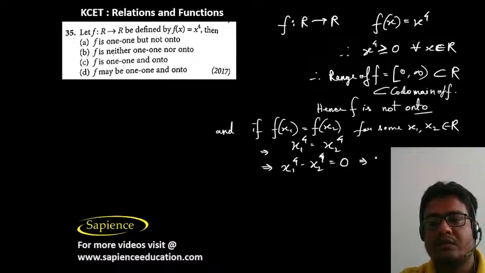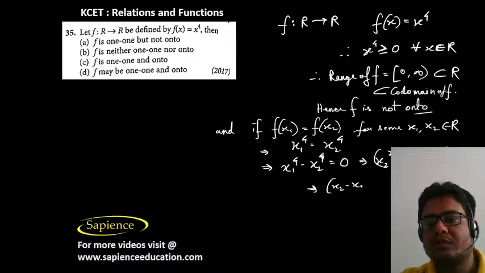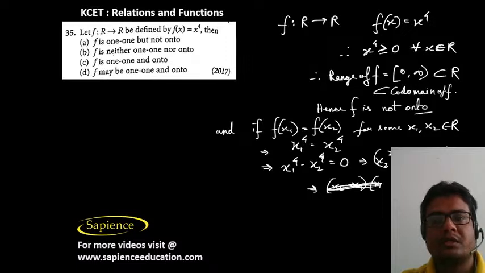If we factorize this, we get (x2 squared minus x1 squared) into (x2 squared plus x1 squared) equal to 0. Then x2 squared plus x1 squared should not be 0, since both are not equal.